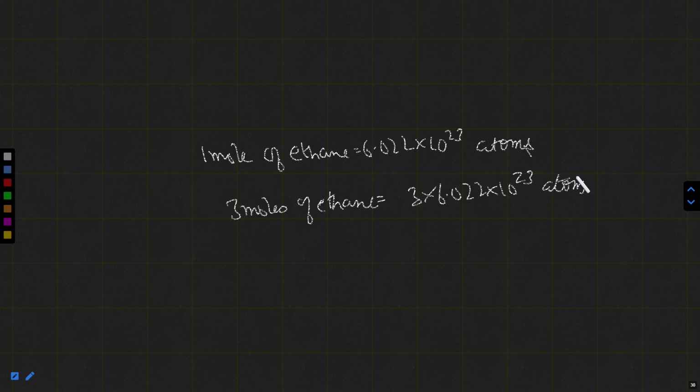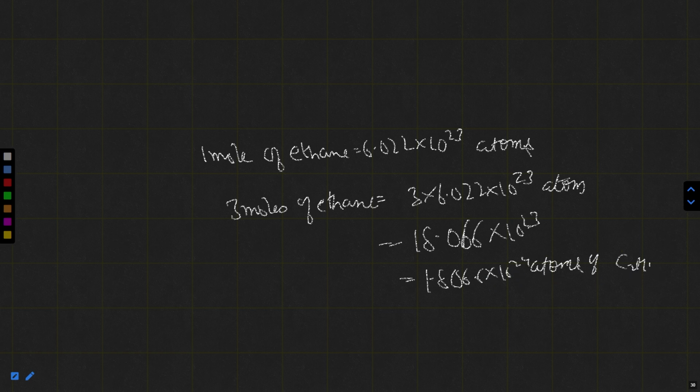So 3 into 6, 18, into 10 to the power 23. That would give us 1.8066 into 10 to the power 24 molecules of ethane. Is this clear?